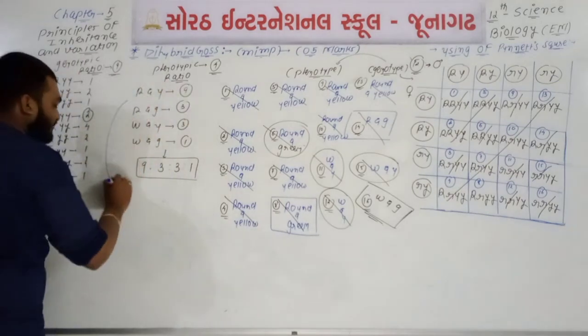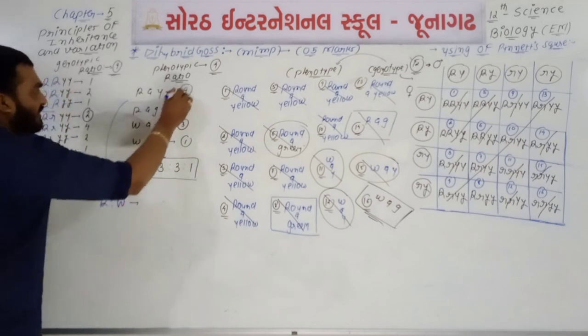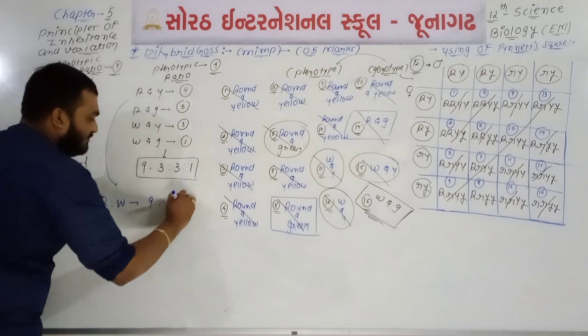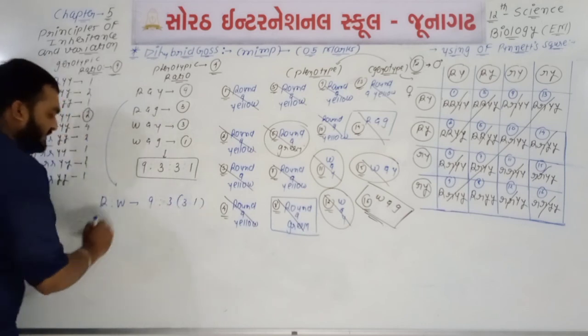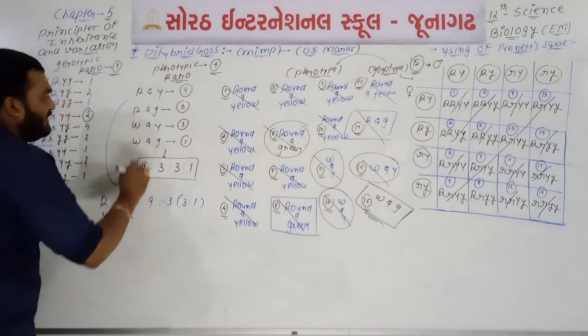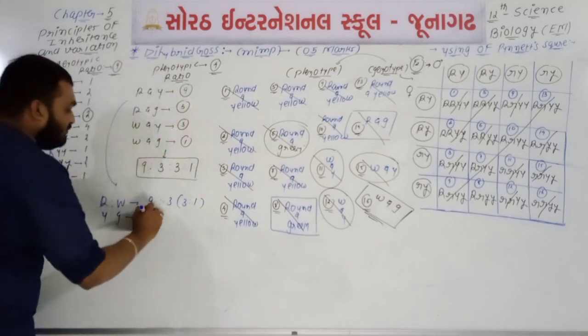From this, if we talk about only round and wrinkled, how many are round? 9 plus 3 is equal to 12. Wrinkled are 3. Means what? Means 12:4, 3:1. If we talk about only yellow and green, yellow means 9 plus 3 is equal to 12.